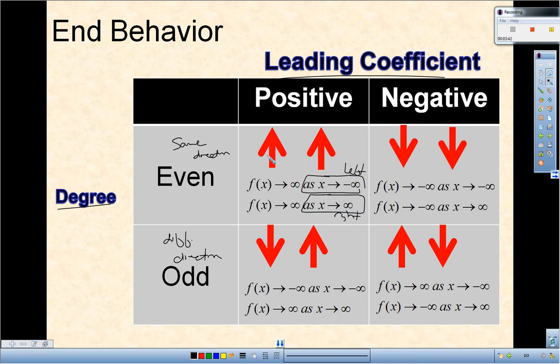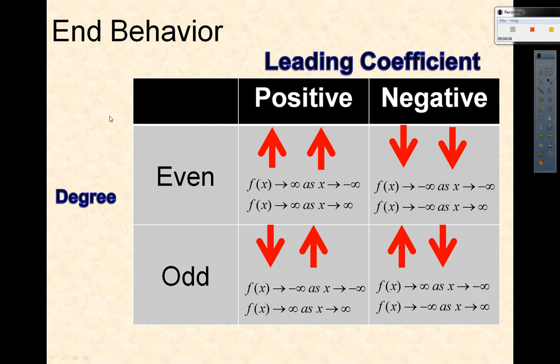So, on the left-hand side, the graph is going up. That's why this says f of x is positive infinity. On the right-hand side, it's also going up. So that's why it says f of x is going to positive infinity. The f of x part is the y value. The x part is the domain. And that's how we write it out using function notation.